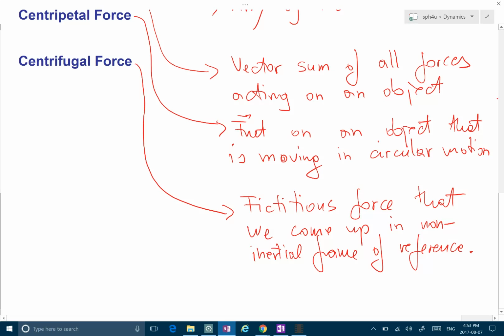Okay. So those are the forces that we're going to use to solve our problems and draw free body diagrams in dynamics of grade 12.